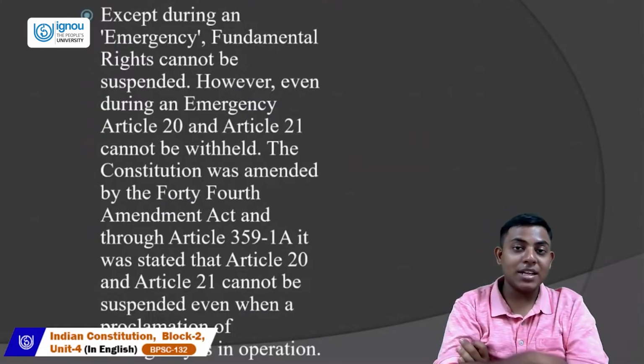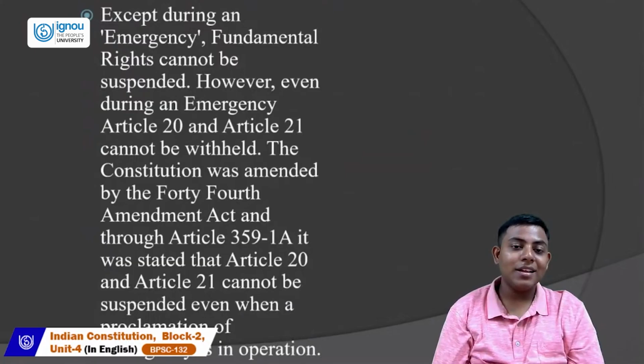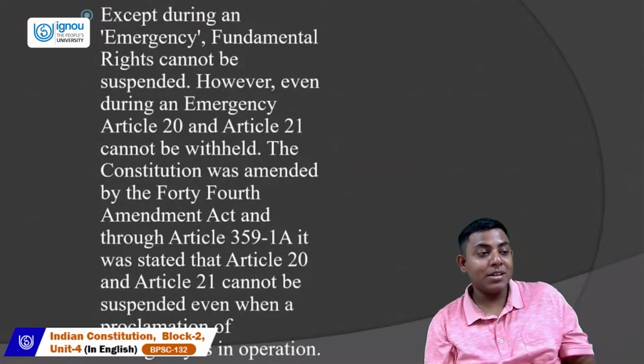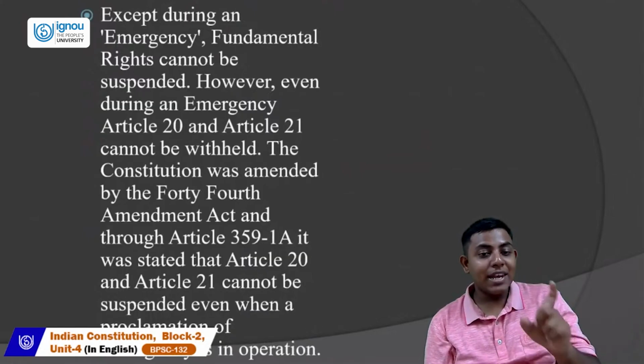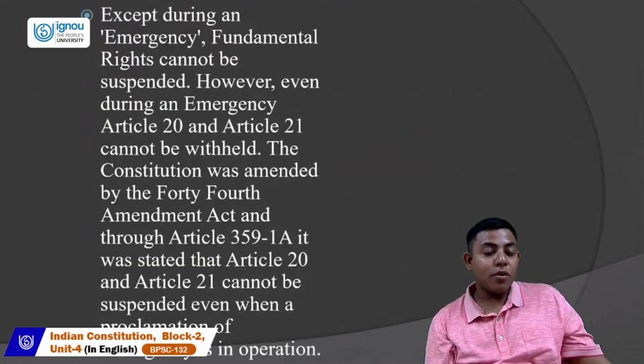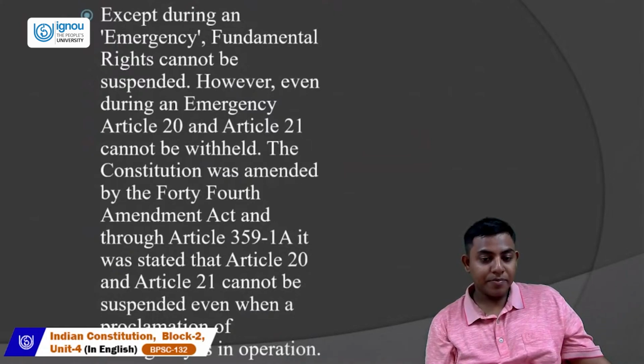Emergency here is national emergency under Article 352. But even during that national emergency, the provisions of Article 20 and 21 cannot be withheld. This was inserted through the 44th Amendment, and it is given in Article 359 of the Constitution.